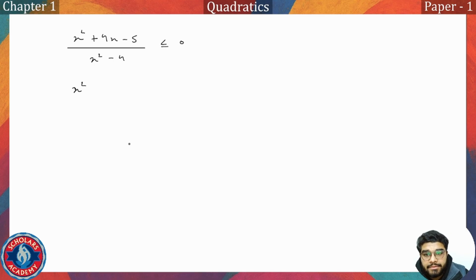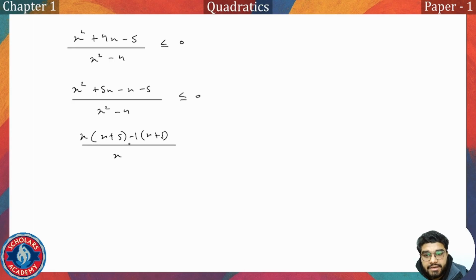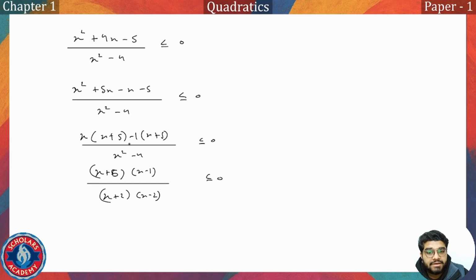So x square plus 5x minus x minus 5 divided by x square minus 4 is less than or equal to 0. So (x plus 5)(x minus 1) over x square minus 4 is less than or equal to 0. So x plus 5 and x minus 1, and we get (x plus 2)(x minus 2), is less than or equal to 0, right?